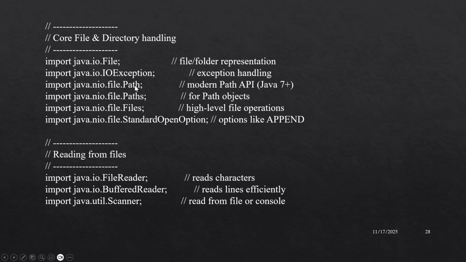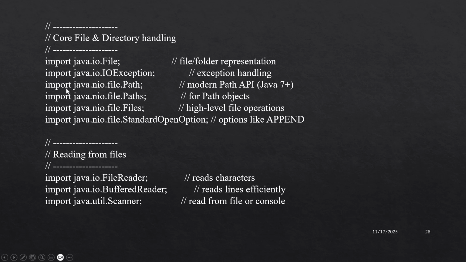Path is a system concept that is already built into your computer. If you are trying to see your path or files directly, you can, but you can also show it through the program by using this import.